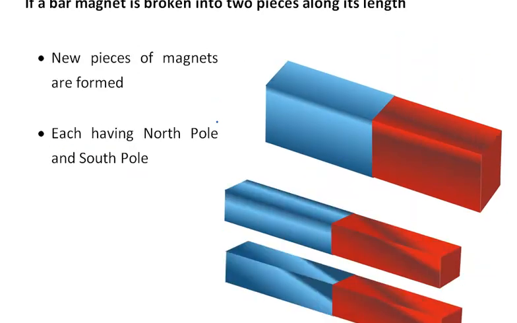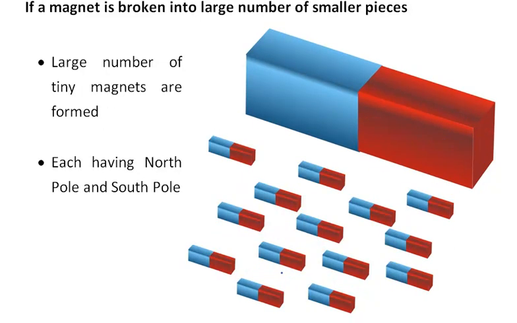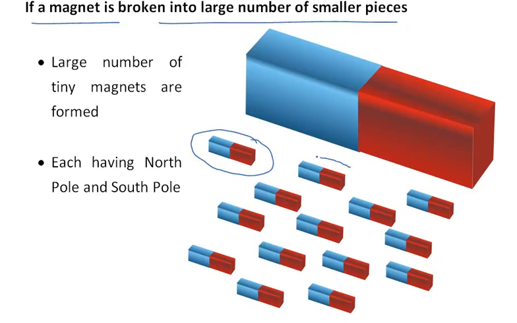Now let us say we break the bigger magnet into two pieces along its length like this. The two pieces again will have north and south, both will be magnets. Now if the magnet is broken into a large number of smaller pieces, each piece will be a magnet and each piece will have its own north and south pole.